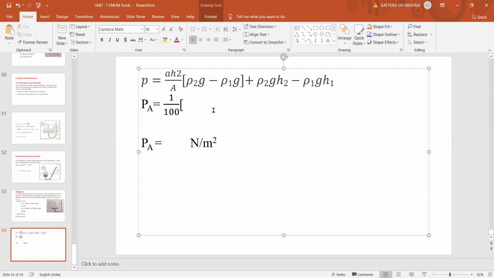What is the value of H2? 0.4, 40 centimeters. Next, rho 2 is the density of the mercury, 13600 into 9.81, minus rho 1. What is rho 1? Density of the oil. 900 into 9.81.